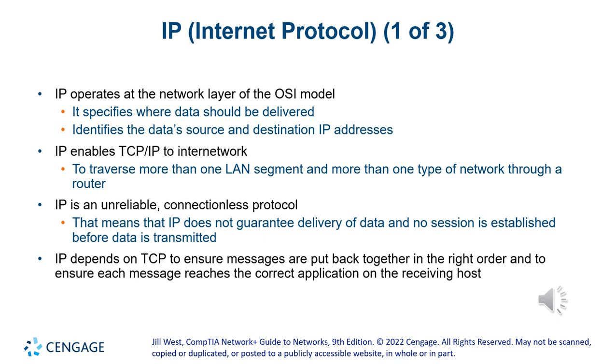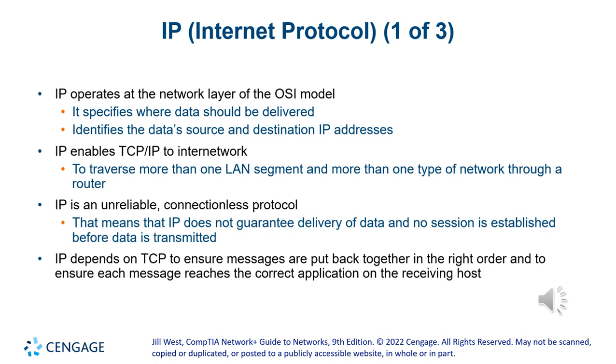Where's the source? Where's my destination? Where I'm going to start from and where I'm going to go to. And then TCP will take care of the communication to come back and forth. So in case I need to return back, that information is there, right?